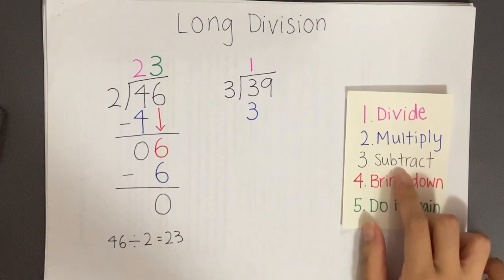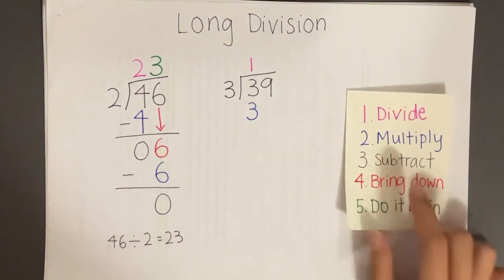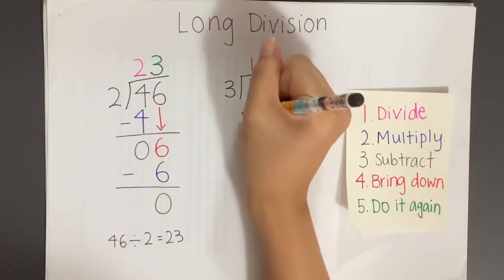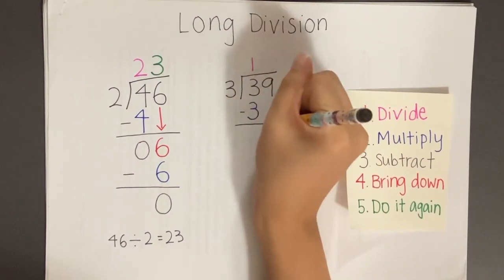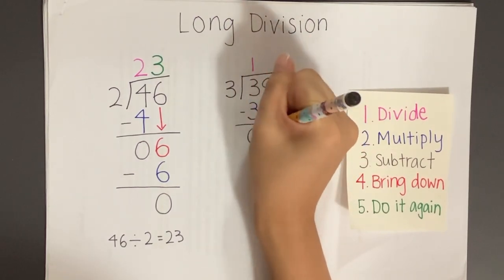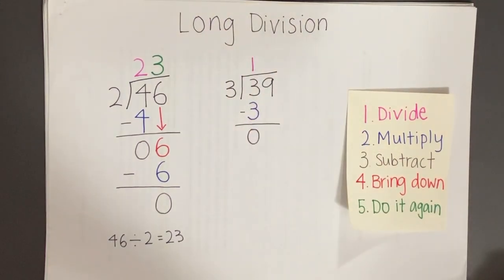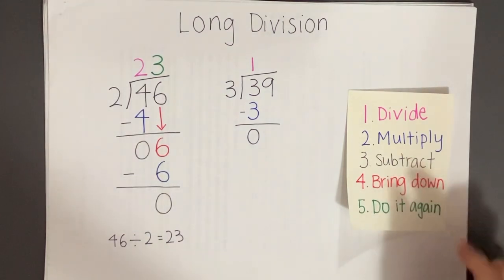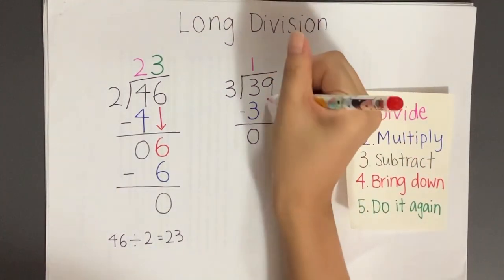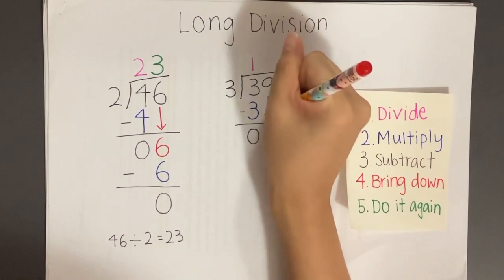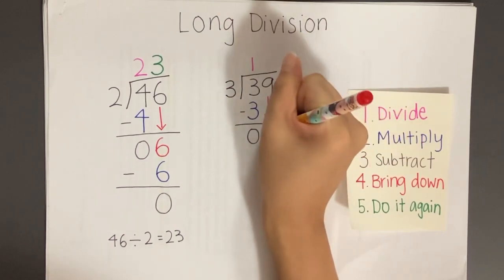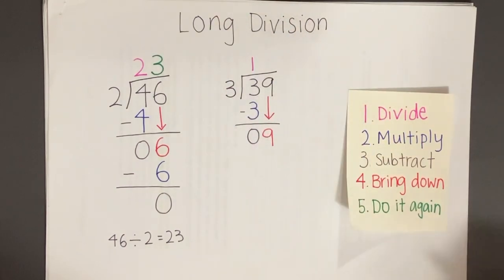Next step, I need to subtract. So I take 3 minus 3, which gives me 0. Okay, next step, bring it down. I take my 9, I bring it down, so I get 9 here.